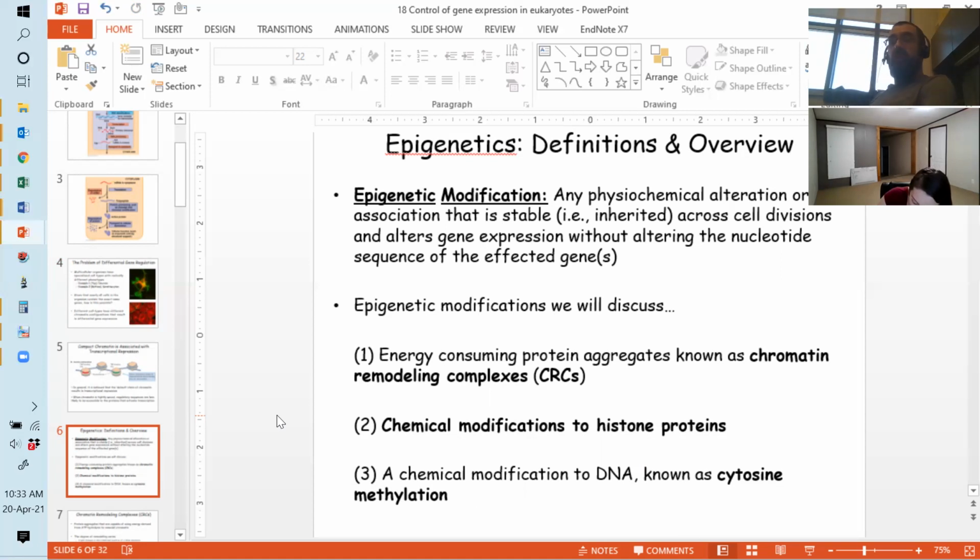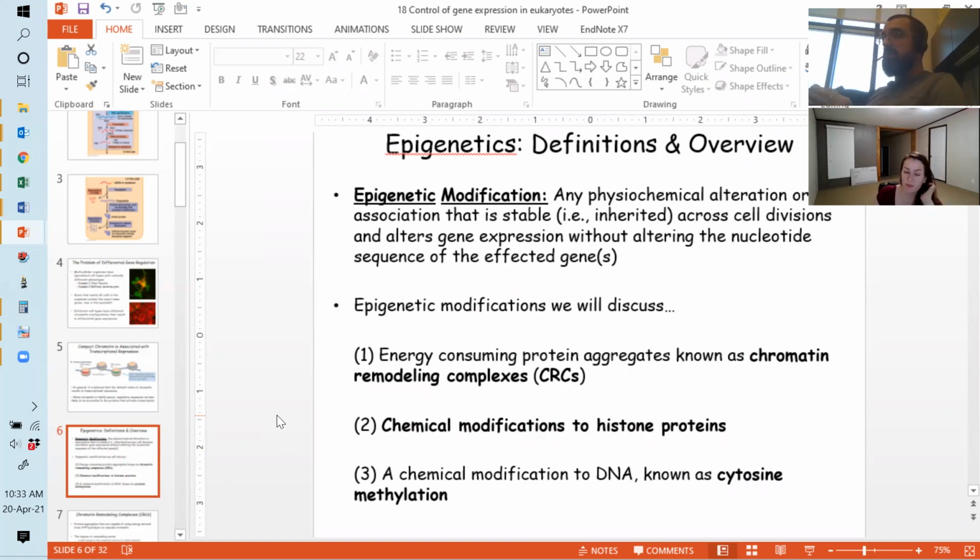And these changes can be inherited. We always talk about DNA, that's the material that you inherit from your parents. Mitochondrial DNA you get from your mother, and genomic DNA you get from your mother and father.